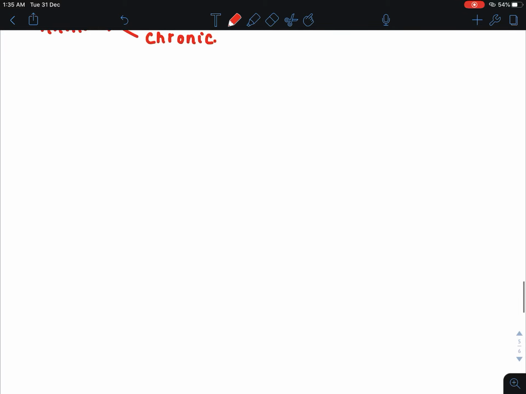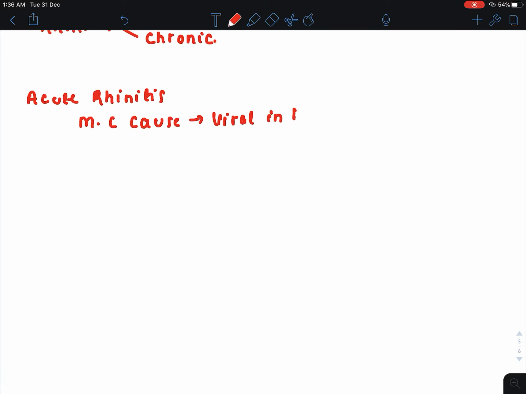Now talking about acute rhinitis, the most common cause of acute rhinitis is viral infection. And which virus? The virus is rhinovirus.